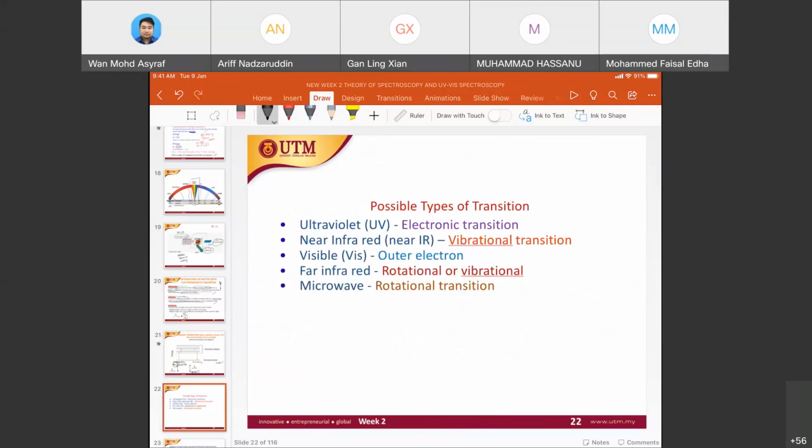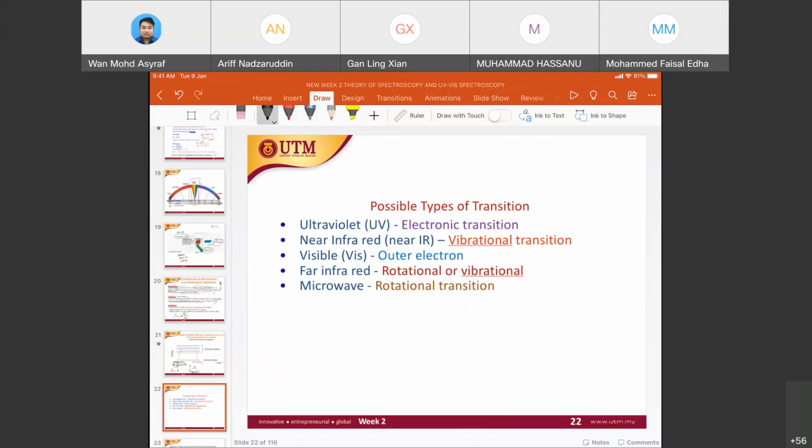Okay. So tadi we talk about transition. Transition ni simply put, macam tadi lah, daripada ground state kepada excited state itu kita panggil excitation. Daripada excited state kepada ground state kita panggil relaxation. Okay, so this possible track of transition, dalam kita punya instrument ni kita ada banyak kind of transition.